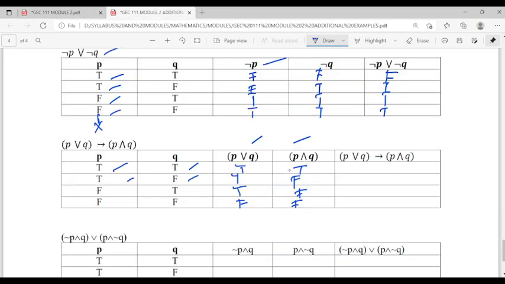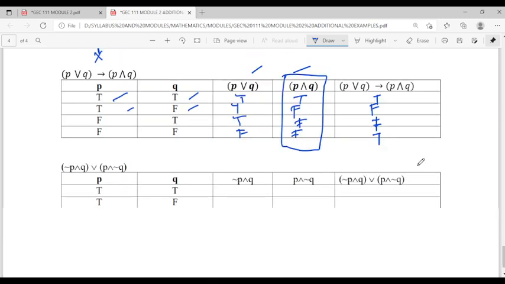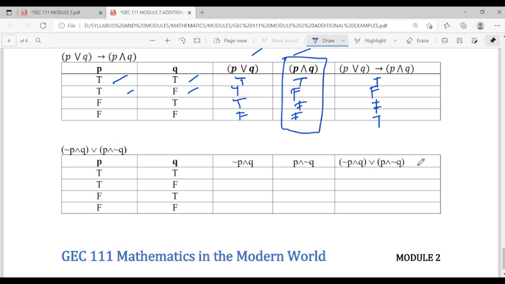So, here we have true, false, false. Kasi if this part is false, the second statement, we come out with the implication false. Otherwise is true.